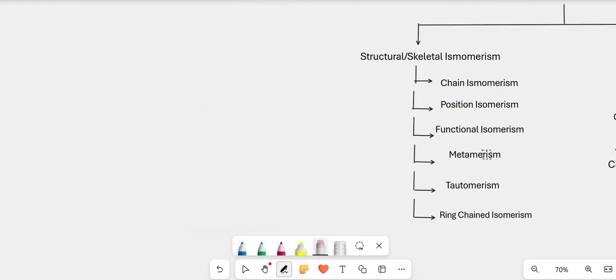Now let's see what functional isomerism is. The number of atoms and the molecular formula are the same, but the functional group is different. For example, you have ethers and you have alcohols.